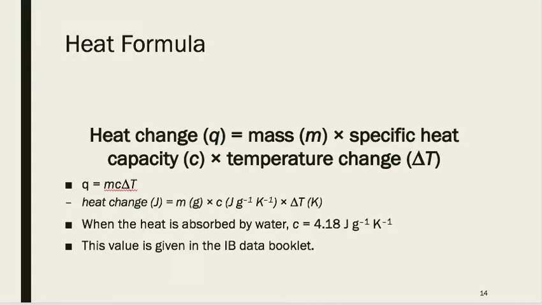When we are dealing with water or a solution, which we will see in lessons down the road, the specific heat capacity of water is 4.18 joules per gram per Kelvin. This value is given to you in the data booklet.